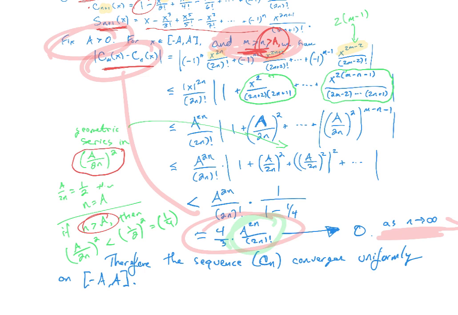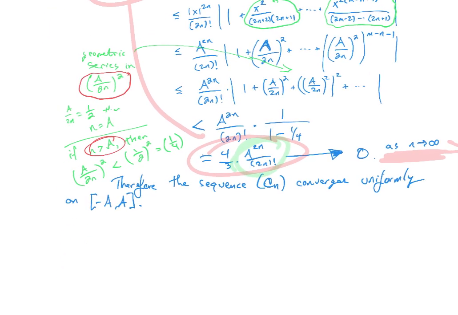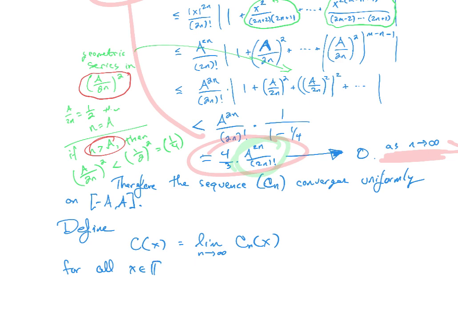Okay. So we get uniform convergence on this bounded interval. Uniform convergence, of course, implies pointwise convergence. So we can define C of x to be the limit of Cn of x for all values x.